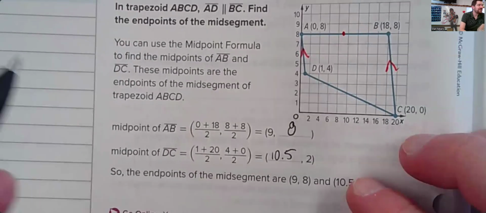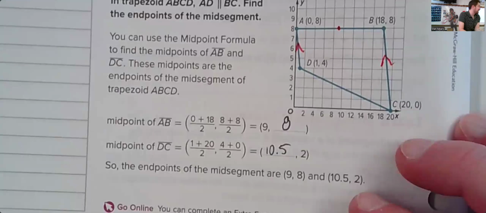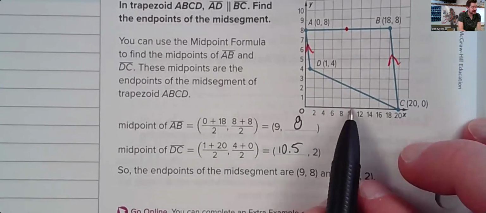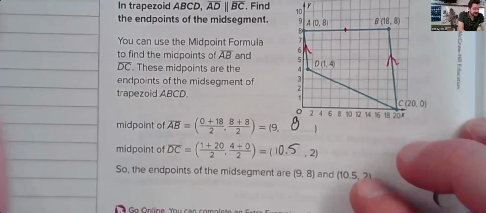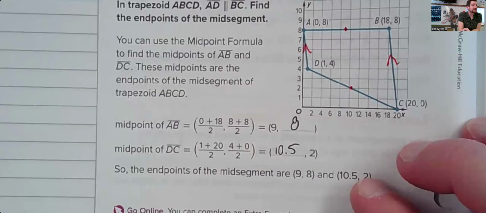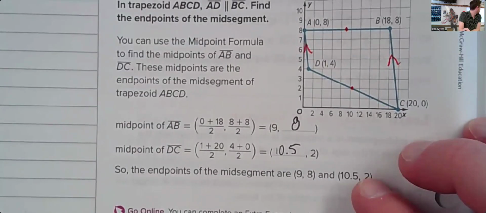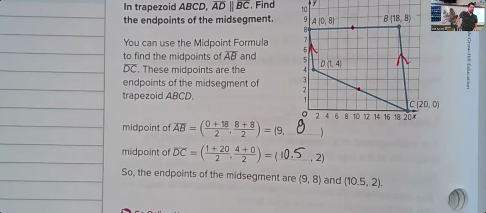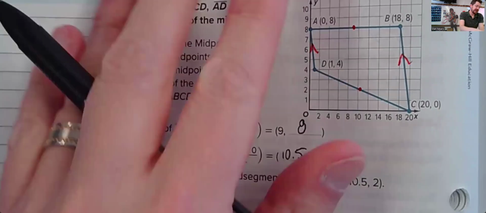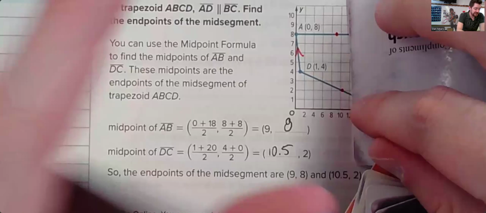10.5 is going to be a little bit harder to figure out on this one because we're going by 2s on the x-axis. So going over 10.5 is like a quarter of the way past 10. But as long as you go up to 2, exactly where it's 2, that's what we're looking for right there. So that's the midpoint between C and D. And I'm just going to get my ID card out again and link those up.